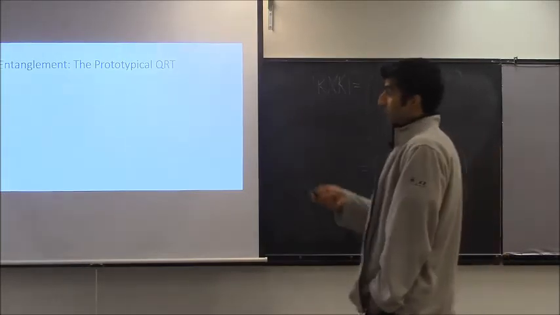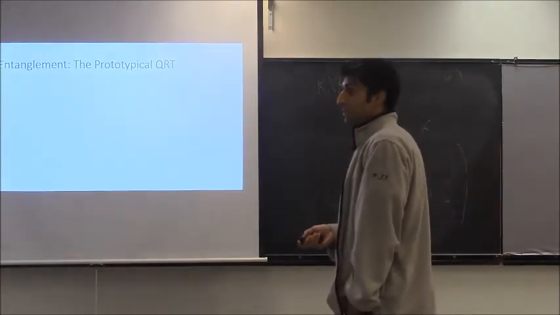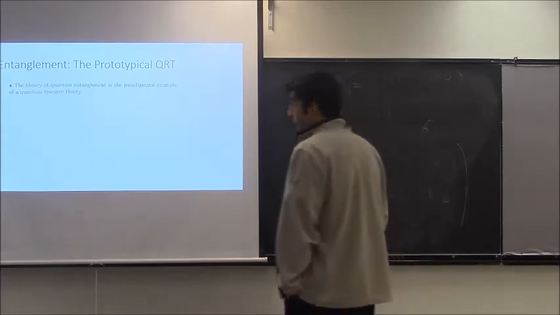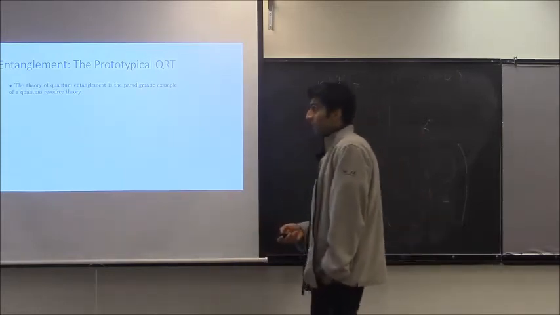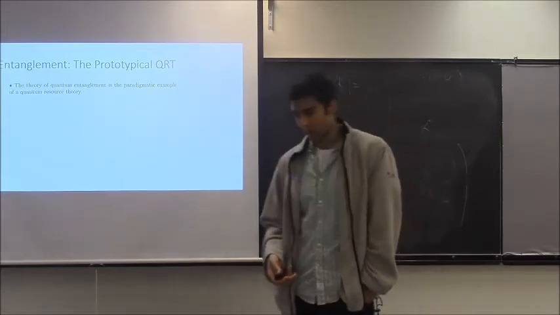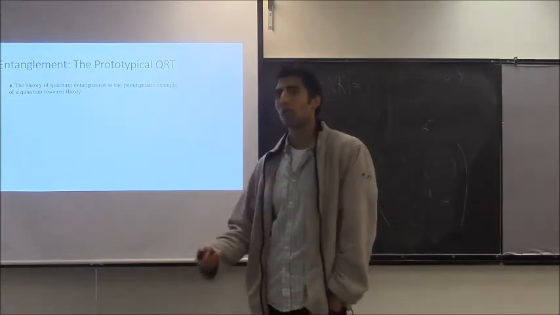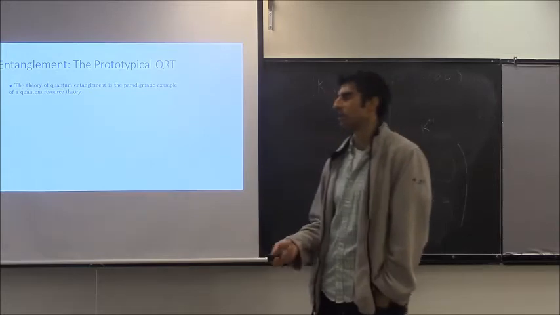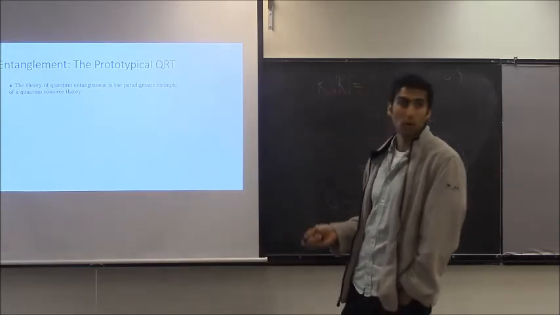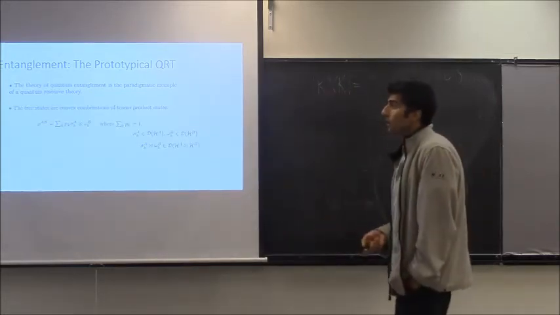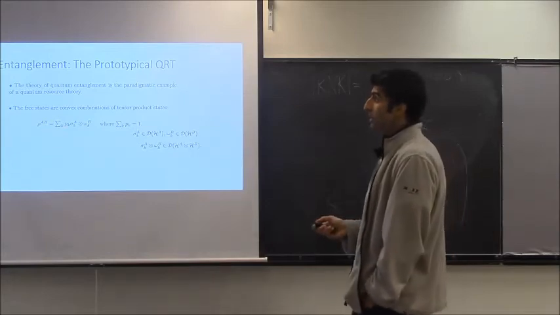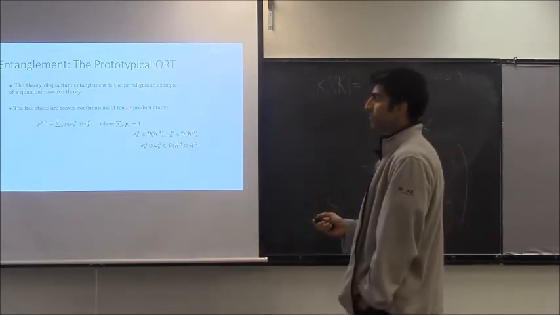Okay, so the prototypical example is entanglement. As I said in the beginning of the talk, this motivated the whole idea of describing other quantum phenomena in terms of a resource theory, the success of quantum entanglement theory. In quantum entanglement, the free states are convex combinations of tensor product states.